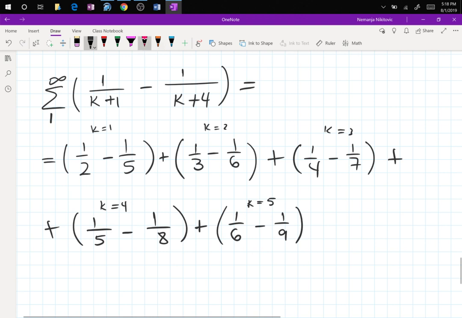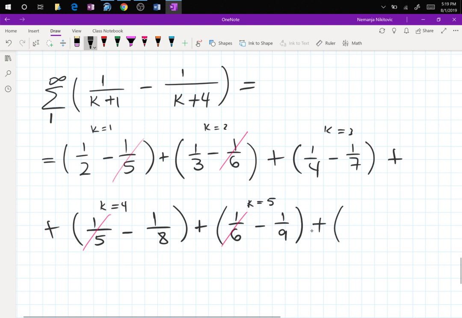So look what cancels. Negative 1/5, positive 1/5. Negative 1 over 6, positive 1 over 6. My question is, do I have a parenthesis out of these 5 terms that canceled both terms? No. So I have to do more.